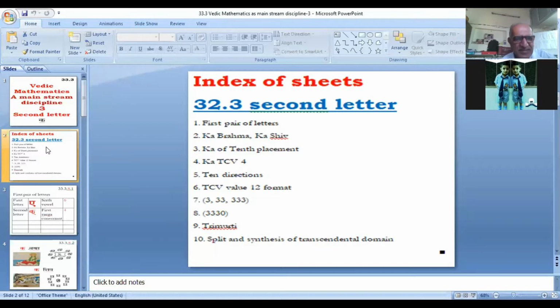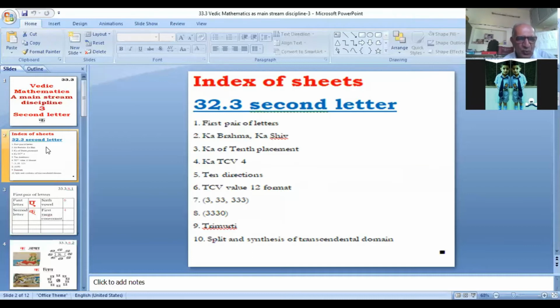Fourth step is that Ka Brahma leads us to TC value 4. Fifth is that there is a 10 directional frame for flow of a Jyoti from the orb of the sun.